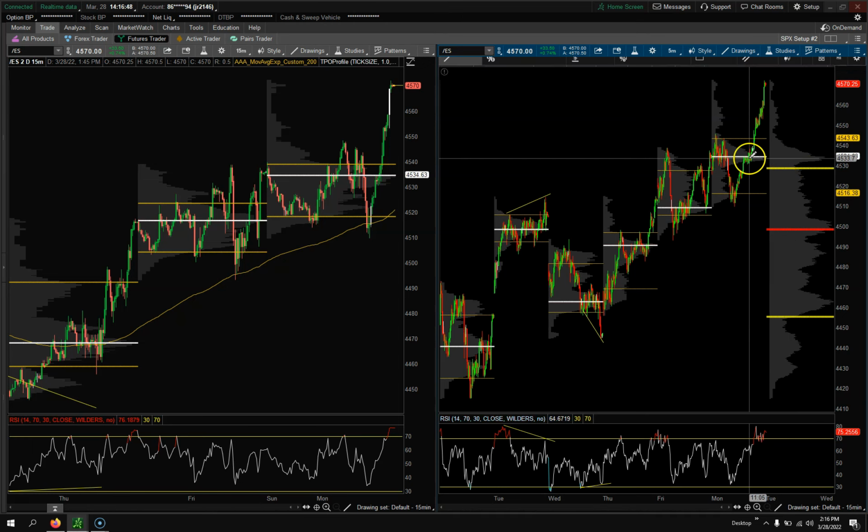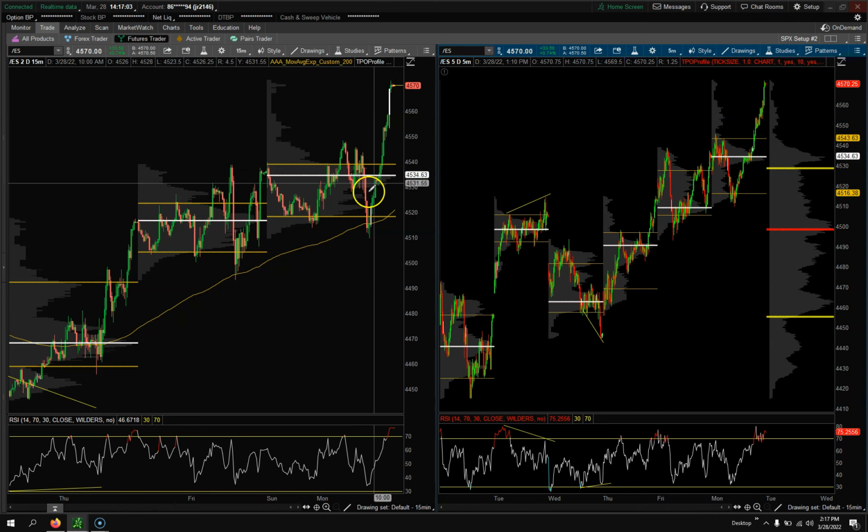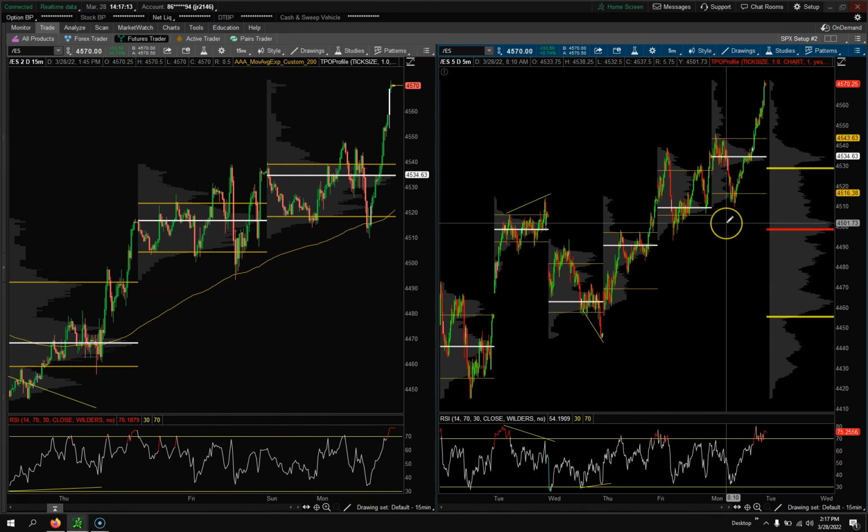If we did come back to this point of control, I would probably look at that level for a potential bounce. That number is 45.35. What's 45.35 on the 15? Guess what? It's also the point of control on the 15-minute chart. So you're looking for confluence.